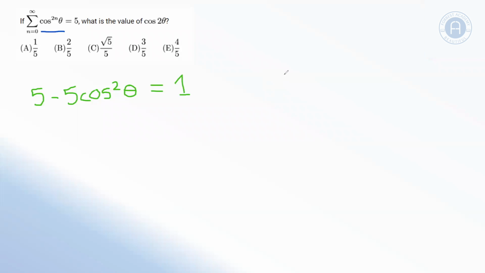Now, the first one that I always remember is that cos 2 theta, not cos squared theta, cos 2 theta is equal to cos squared theta minus sine squared theta.